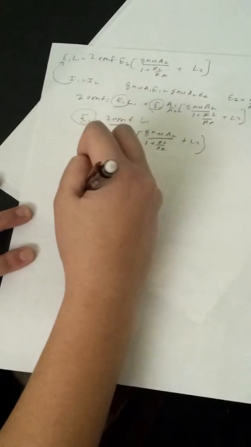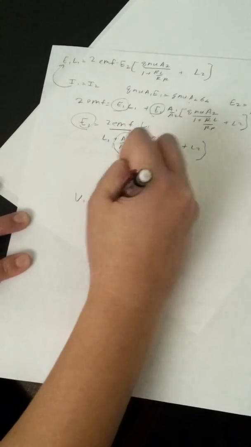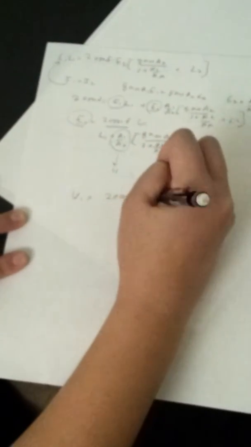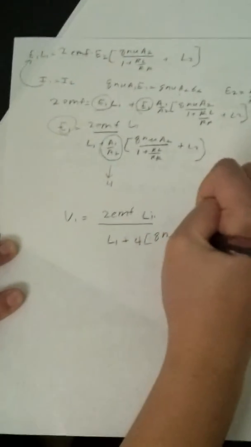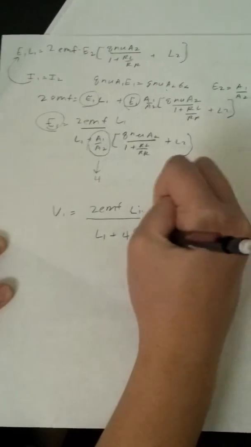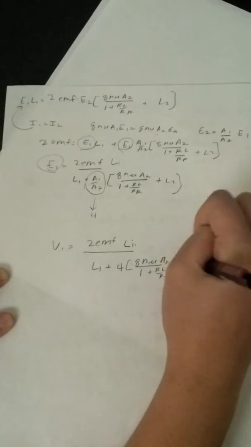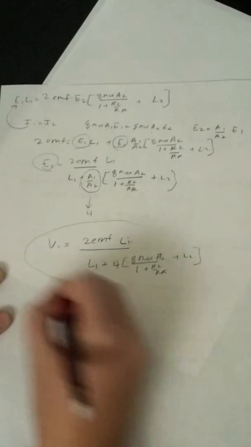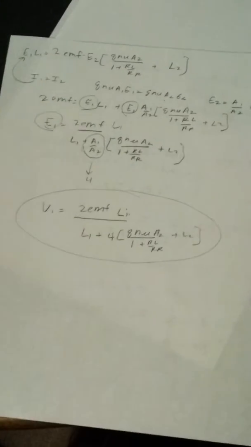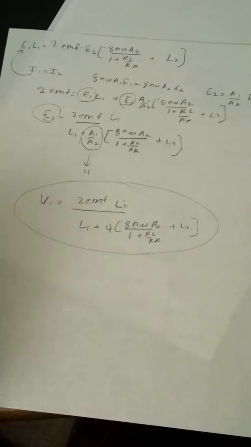So our final answer is voltage equals L1 in the numerator, and then the 4 plugged in for the area ratio. And that is our final voltage. Almost done.